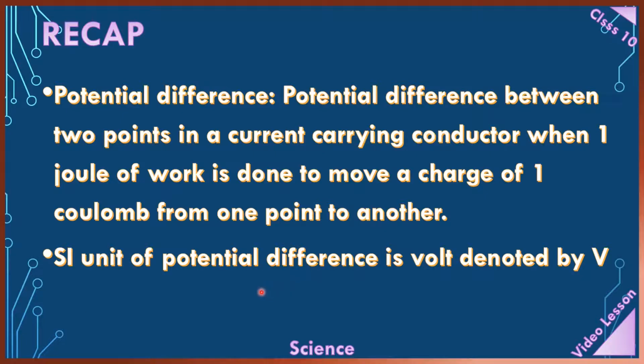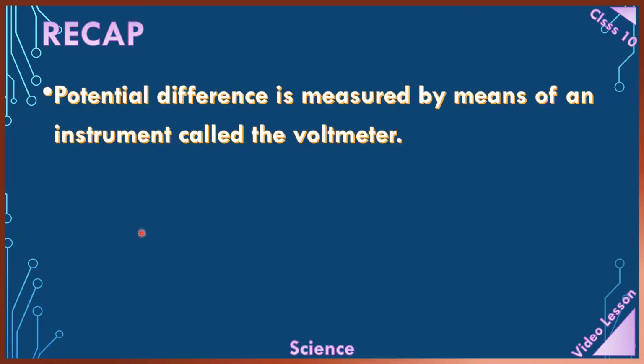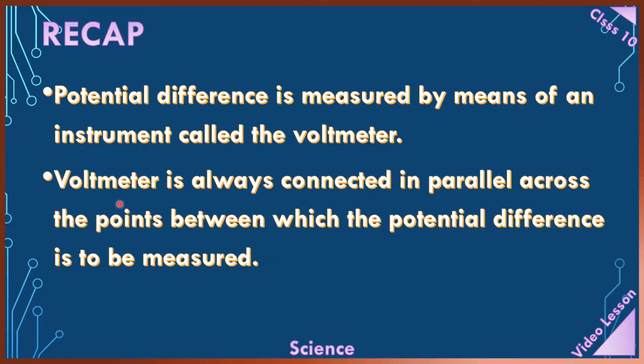SI unit of potential difference is volt, denoted by capital letter V. Potential difference is measured by means of an instrument called the voltmeter. Voltmeter is always connected in parallel across the points between which the potential difference is to be measured.